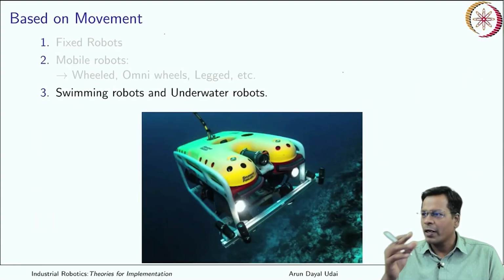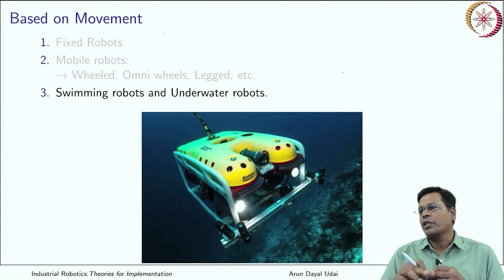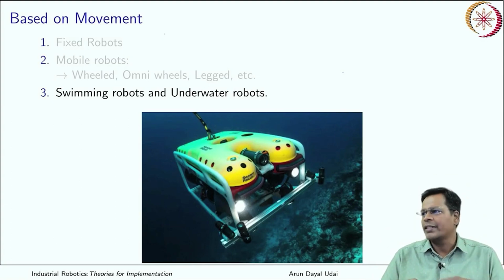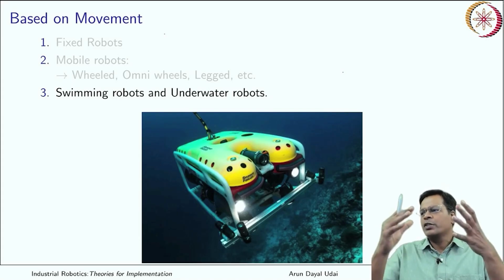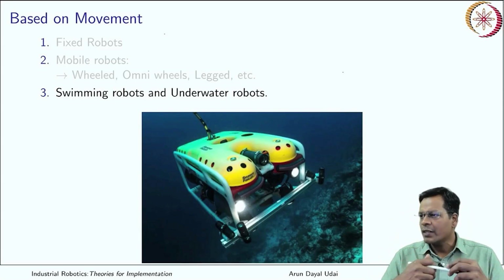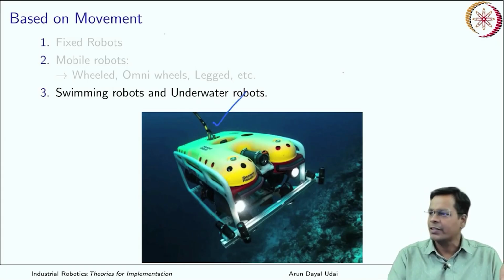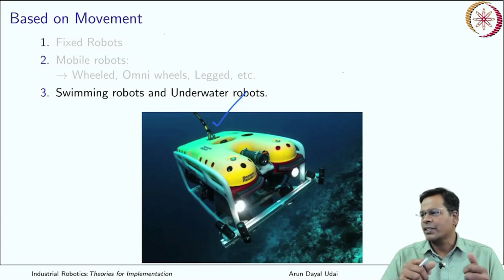So another big classification is swimming robots. They can swim on the surface or go inside the water, and some exploration can be done. You might have seen this kind of robot on National Geographic or Discovery channels. They are mostly teleoperated robots connected from a base floating on the top, which is a ship. From the ship it is connected using a tethered cable like this, and it is remotely operated from the top.